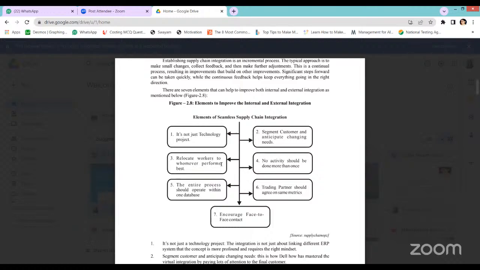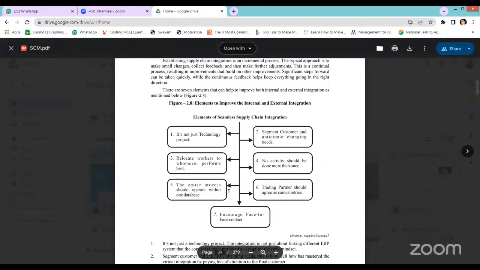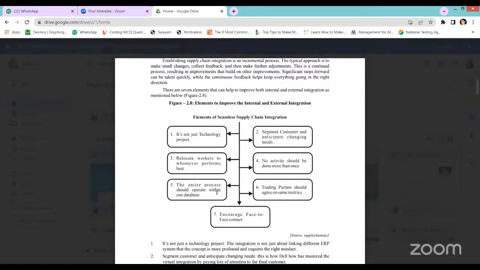Accordingly, relocate your workers who perform the best, and move them to the activities that need more and best work. The entire process should operate within one database, and trading partners should agree on the same metrics for comparison, whether quantity, area or price.